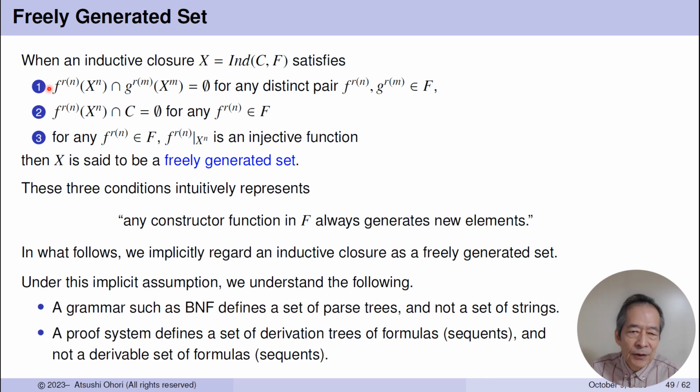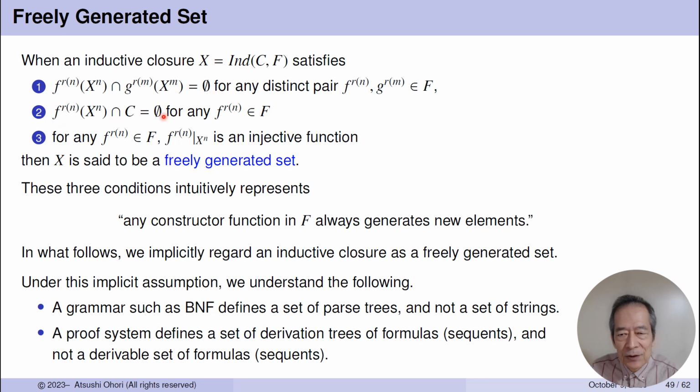We know that this is a notation for the set of all elements of the application of this function to this set. This is X to the n, the n-tuple of this inductive closure, same as g of X, right? So the first condition is that the intersection is empty.